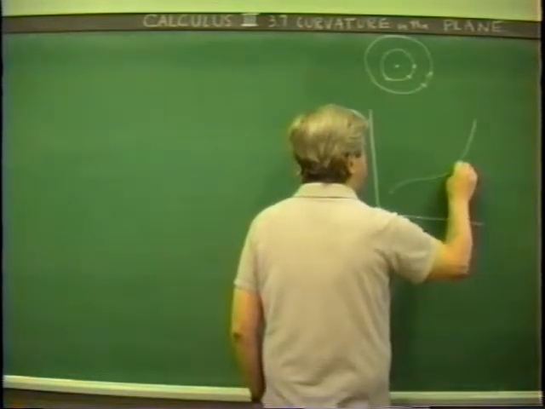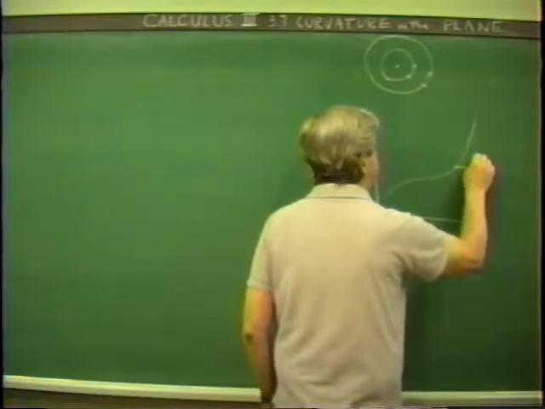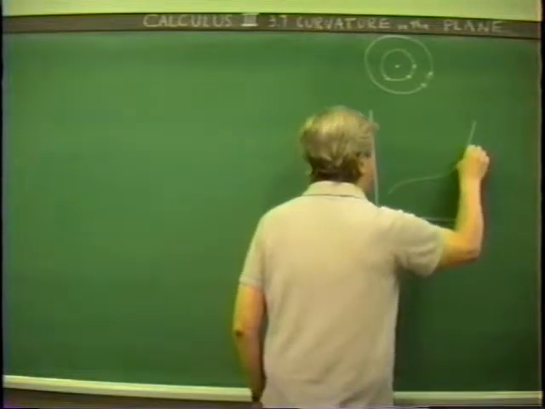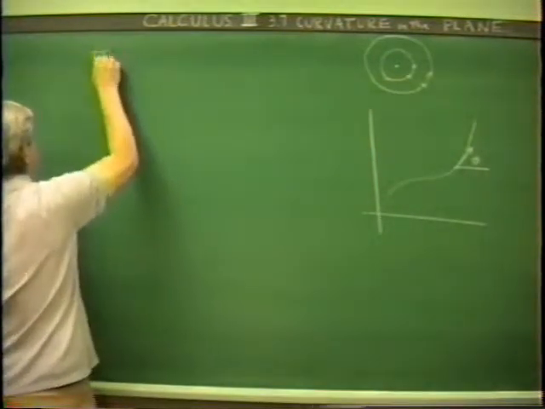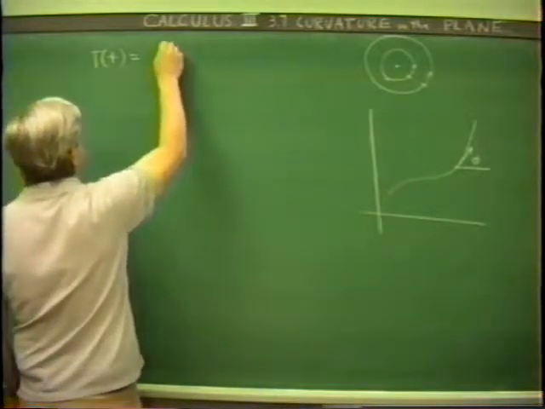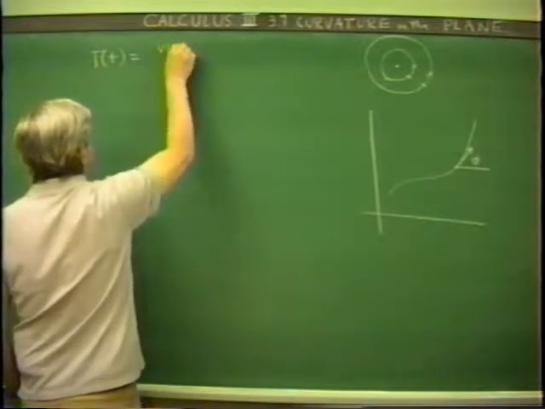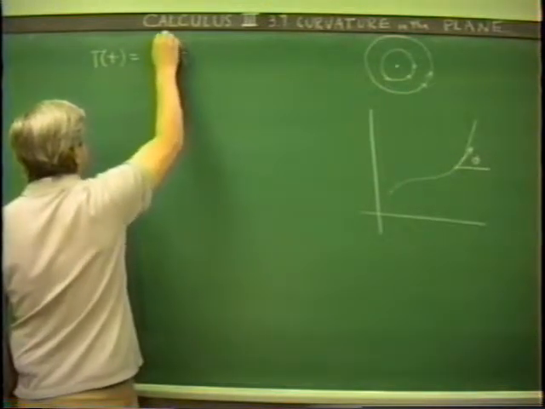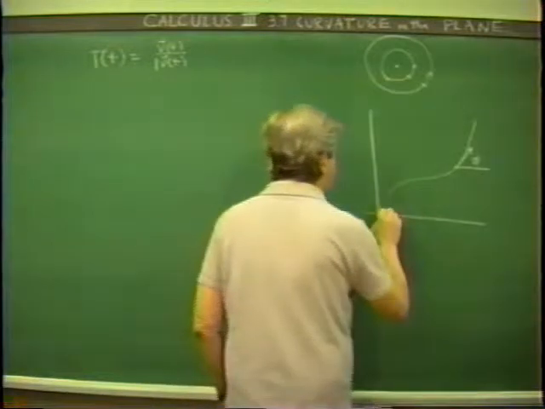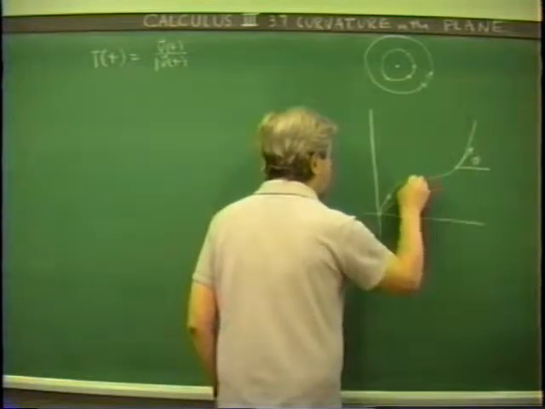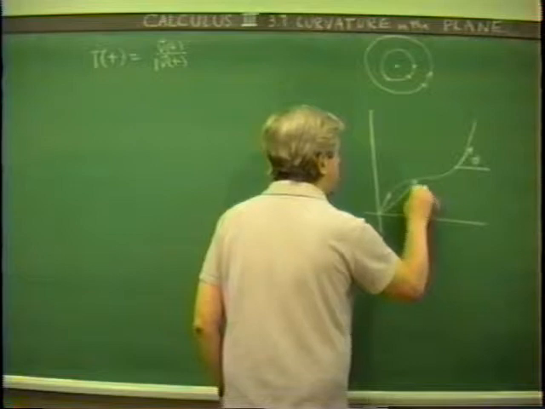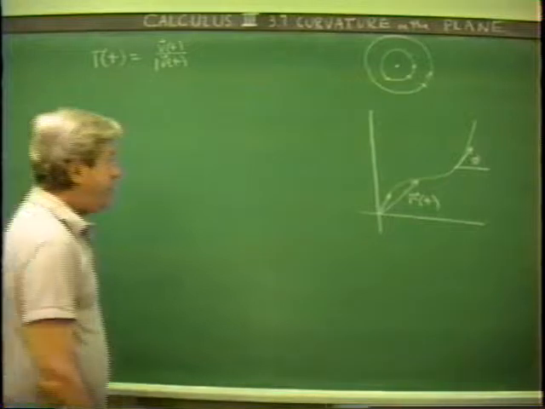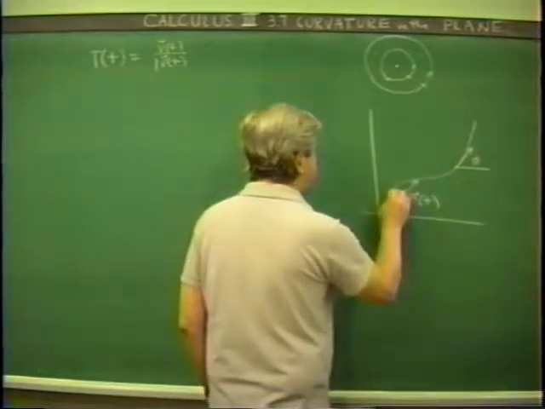All right. If we've got some r of t in the plane here, what we wish to do is the following. We wish to consider this angle phi right here that is made with the tangent vector. Recall that T of t is equal to v of t over magnitude v of t, where r of t is any vector valued function describing this curve.